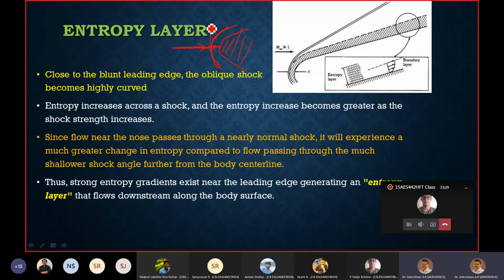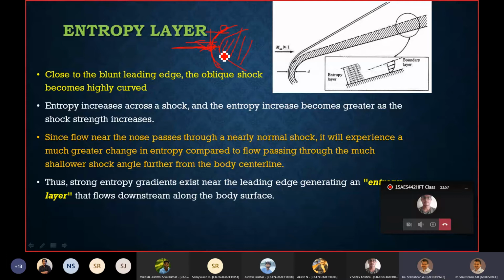Okay. Now, as you very correctly pointed out, I have a normal shock here and an oblique shock here. This means that the streamlines which go through the normal shock will have a higher increase in entropy. The streamlines which go through an oblique shock region will have a lower increase in entropy.